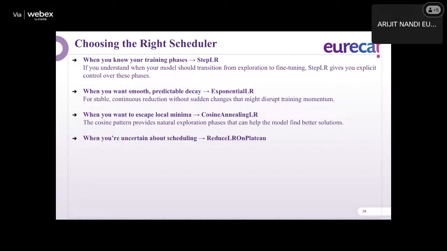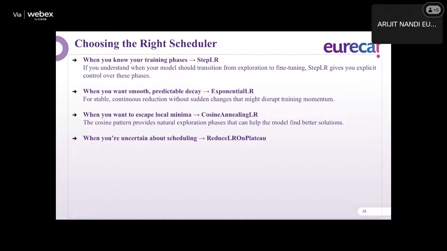When you are uncertain about your scheduling, you don't know anything here. All these step LR, exponential LR, and cosine LR, recall the term capital T, which is how long you want to train your model. But in a real scenario, you don't have any idea how long you should train your model for better performance.